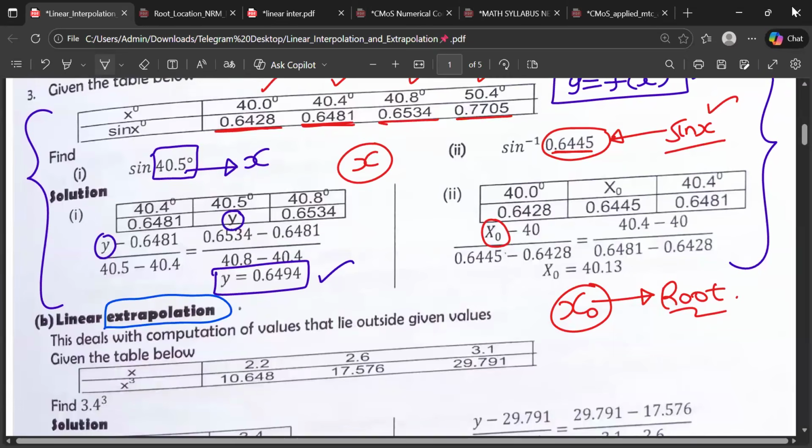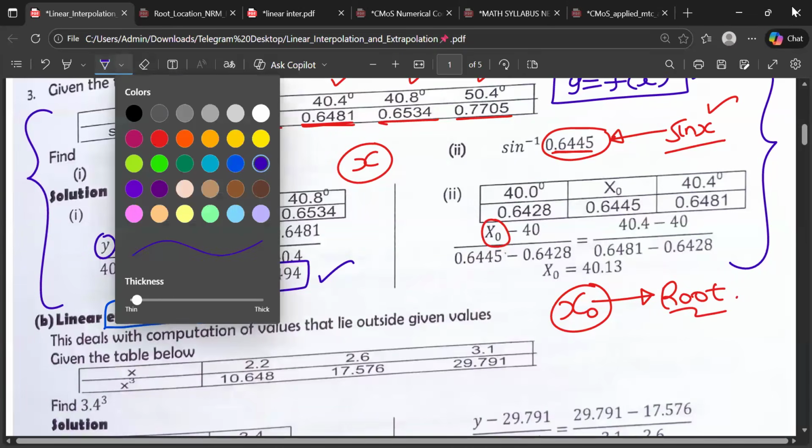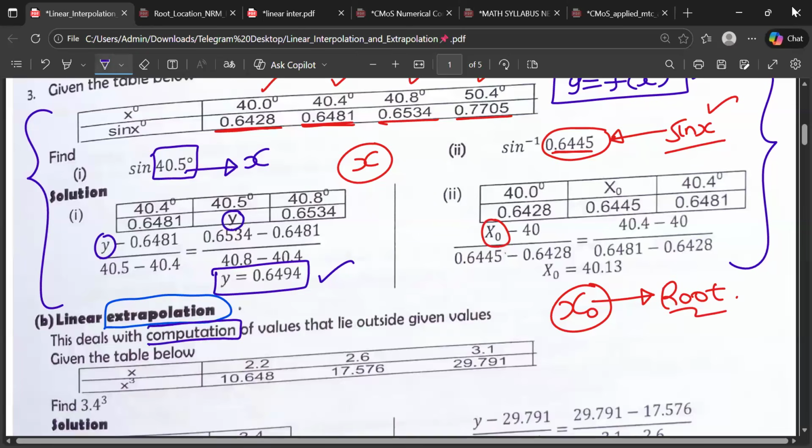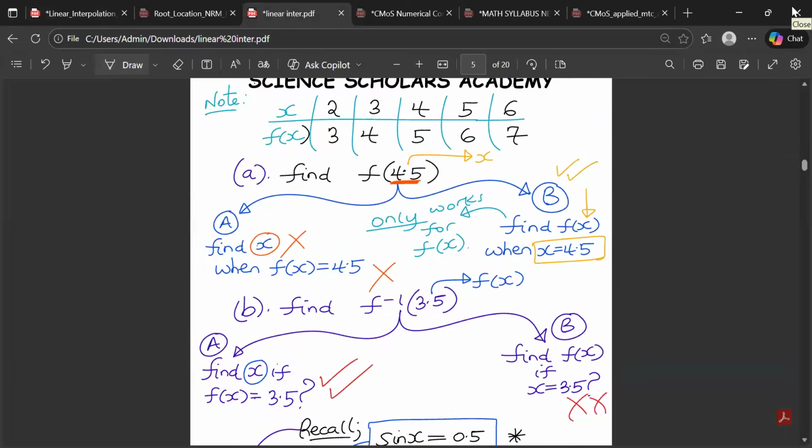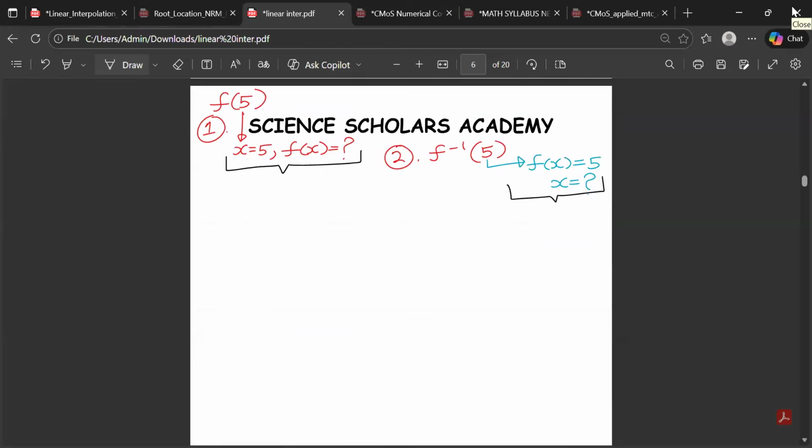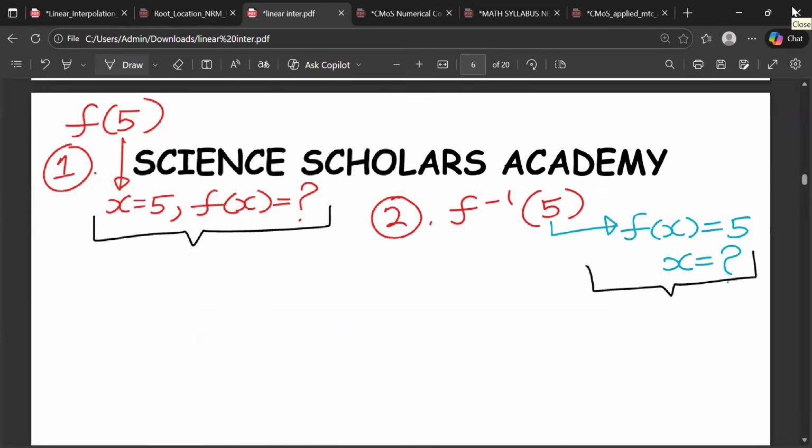Now we are going to first do this number. So you can see that here we are estimating or computing values that lie outside given values. So we are going to do this table. Then I do it on my own. You people may think I don't know these things, but let me show off a bit.